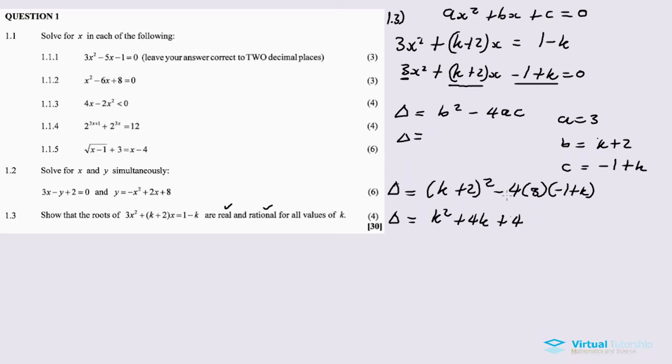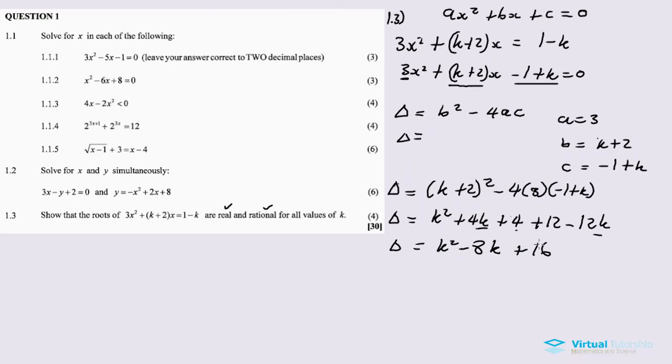Then minus 4 times 3 is minus 12, minus 12 times minus 1 is plus 12, and minus 12 times positive k is minus 12k. So this is equal to k squared, 4 with minus 12 is minus 8k. Yes, 4 and 12 give me 16. But the discriminant like this, you cannot make any conclusion.